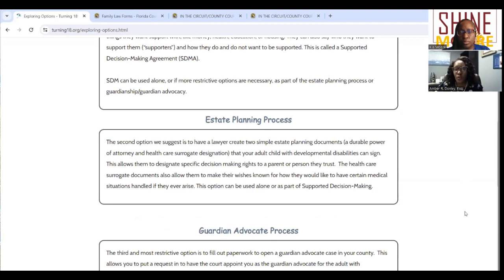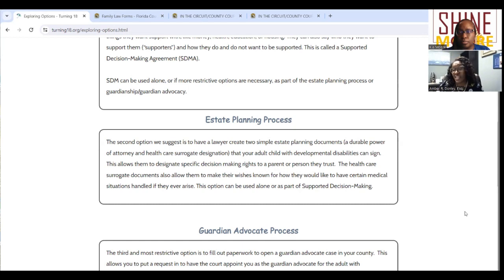So this is for someone who may have a developmental disability, but they're high functioning and very independent. Okay. If that's the case, they can create a durable power of attorney with the help of an attorney or someone else, preferably an attorney, to be able to identify who they want to make financial decisions for them or medical decisions for them.